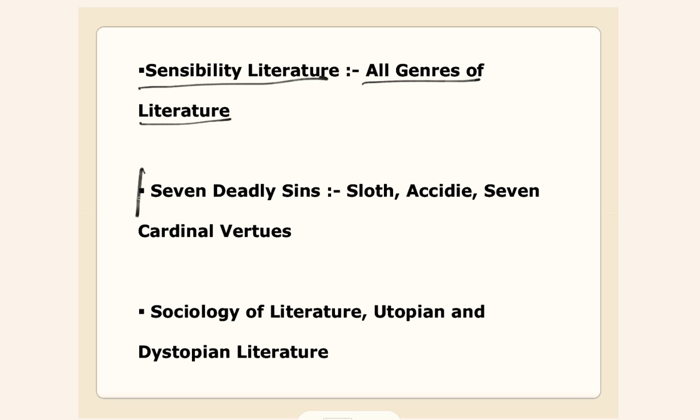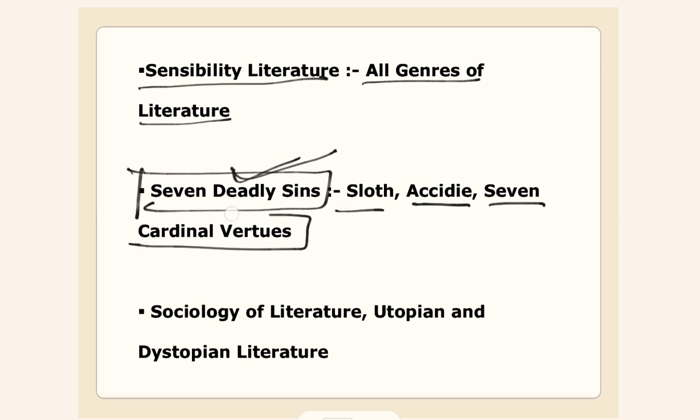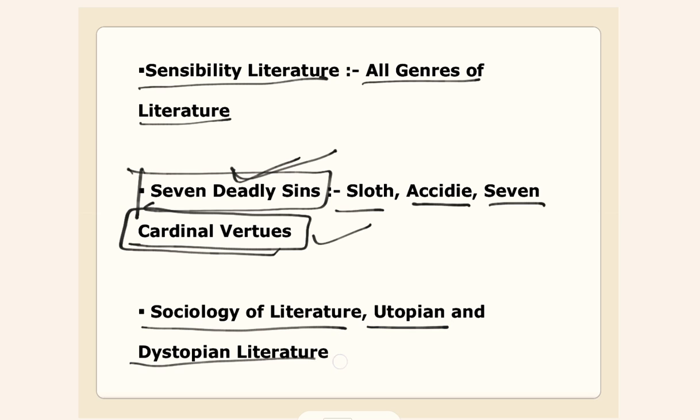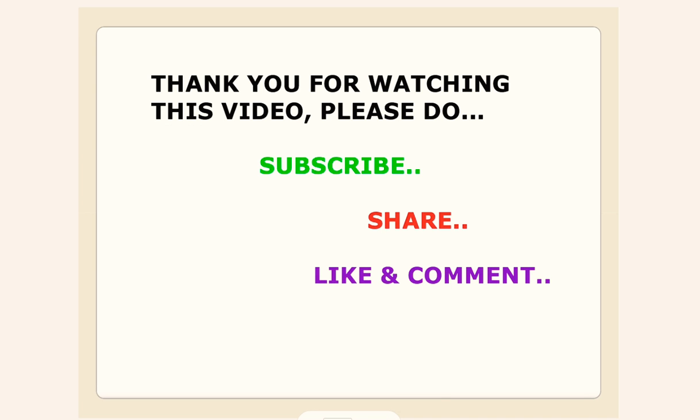Okay. Then seven deadly sins, as we see in Dr. Faustus, the play by Christopher Marlowe: seven deadly sins, sloth, accidie, and seven cardinal virtues. Next, sociology of literature, utopian literature, dystopian literature. So these are all the terms we have discussed from M.H. Abrams' book.